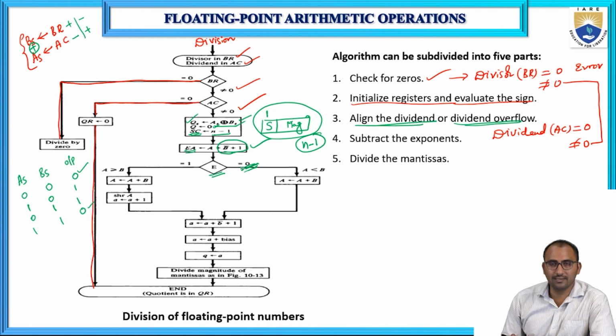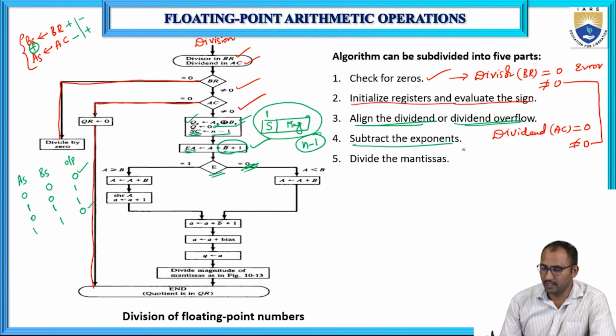It indicates that we can subtract the exponents. If overflow is equal to 0, it represents we are making the correct flow, so it is ready to divide.